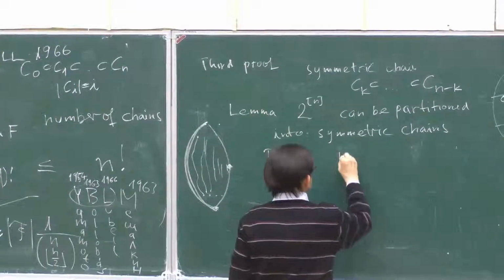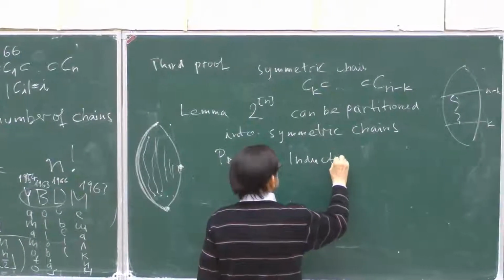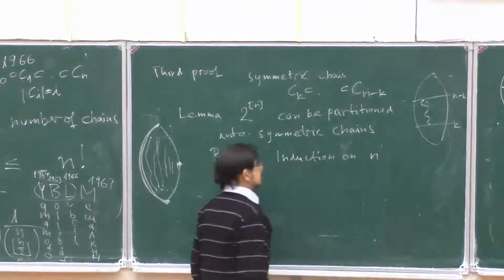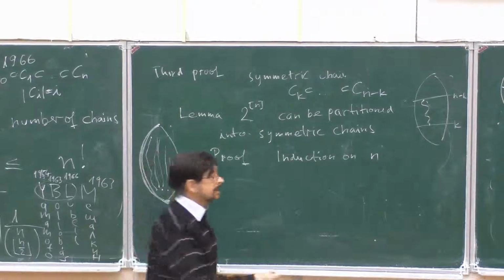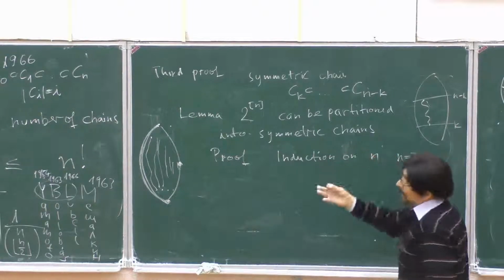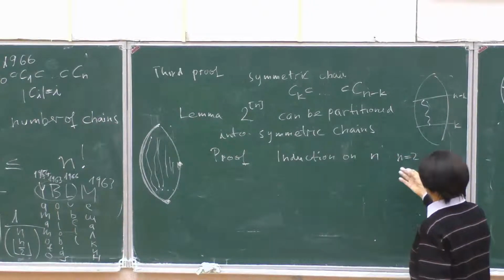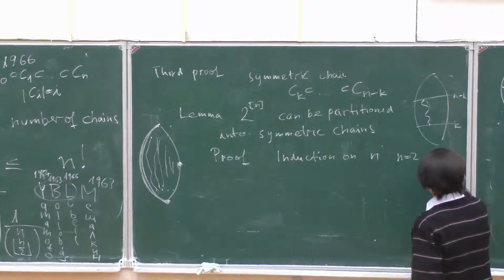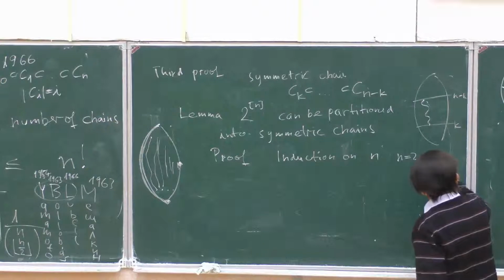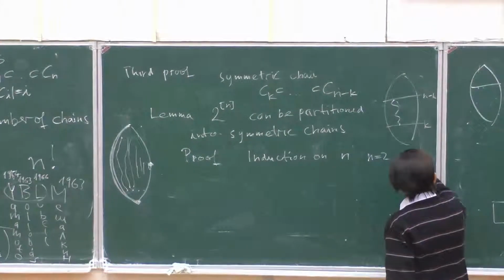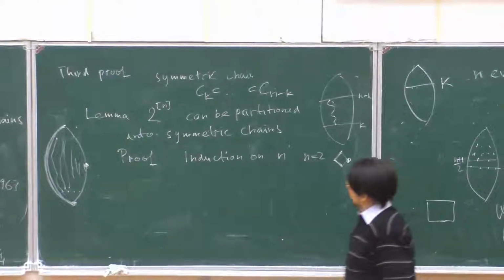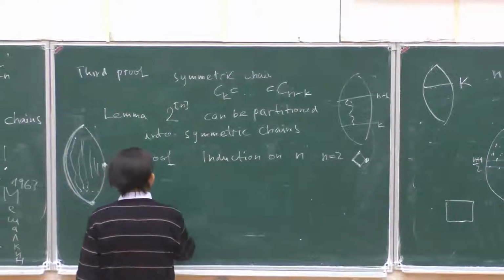Induction. If you have any doubts, it is true for n equal 1, but it's too trivial. So take n equal 2, then we have this chain and the one-element chain.